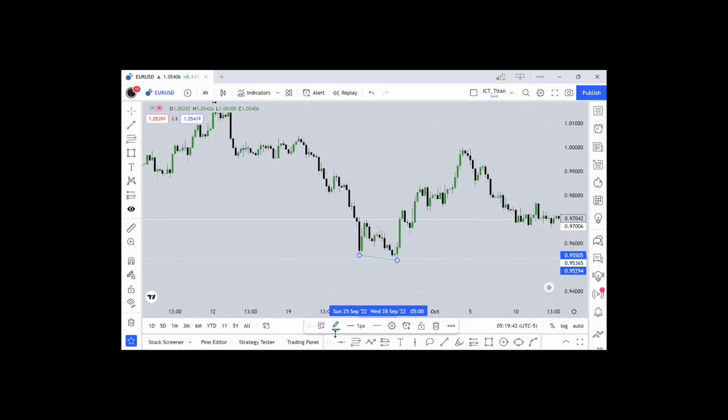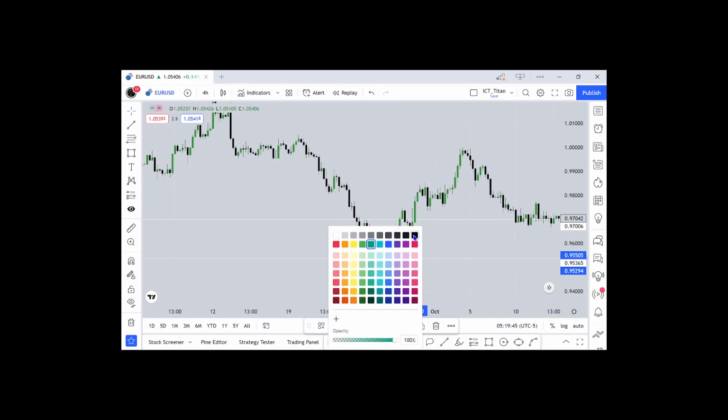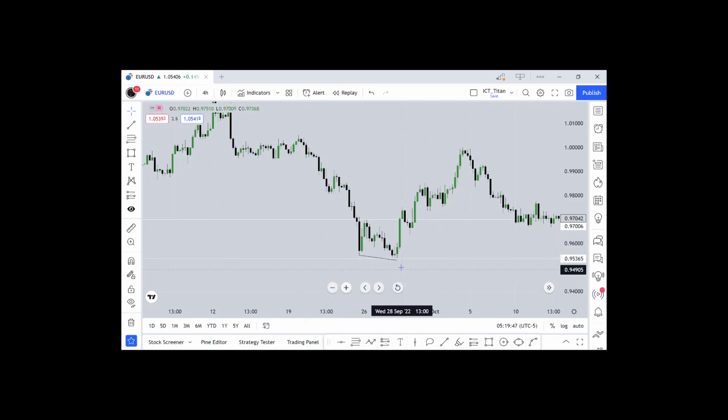Let me use black in that line. And after identifying this breaker block, the down candle, it moved up before it moved down. We'll create our market structure shift. It's a shift in market structure.